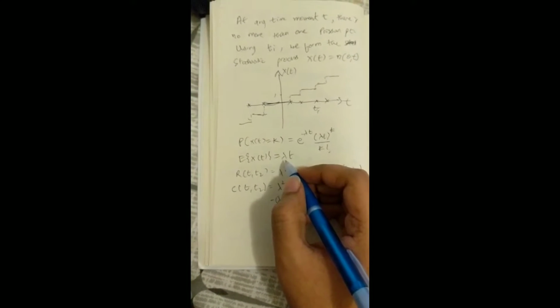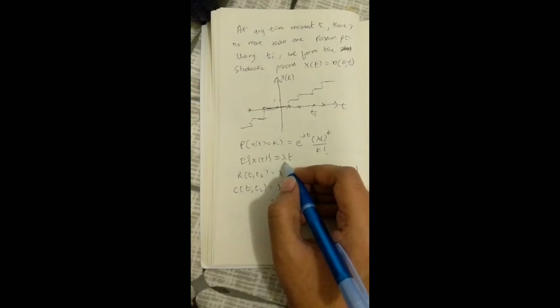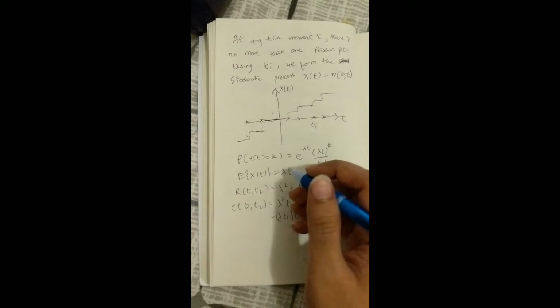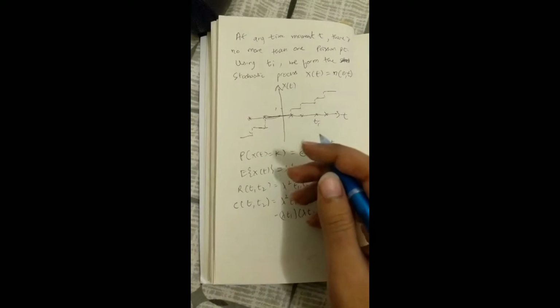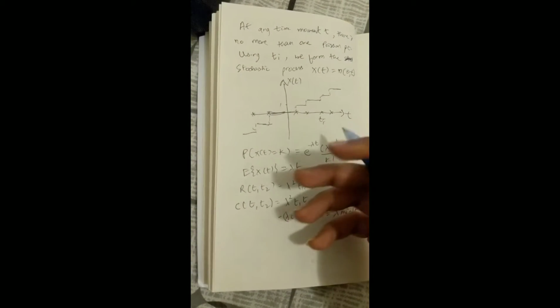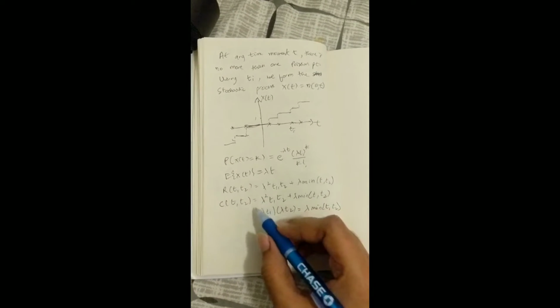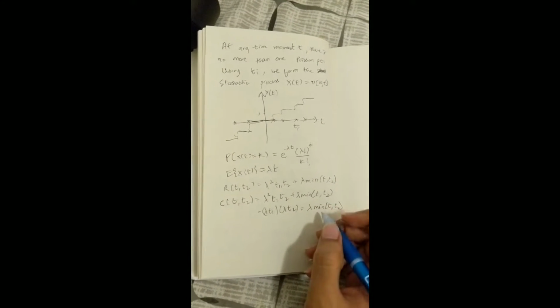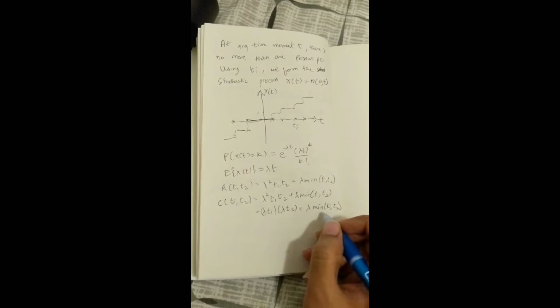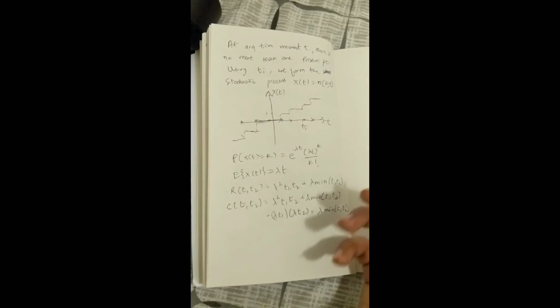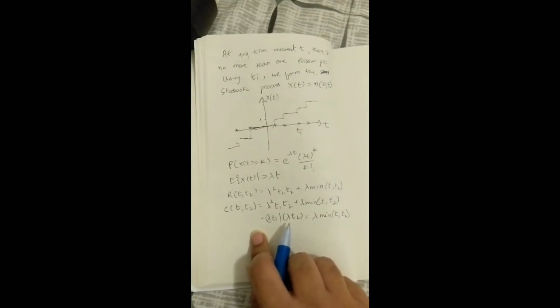We see that the mean depends on t. It's a linear function of t, so as time increases, the expected number of buses also increases, and the autocorrelation depends on this term minimum of t1 comma t2, which is derived from the property of independent increments.